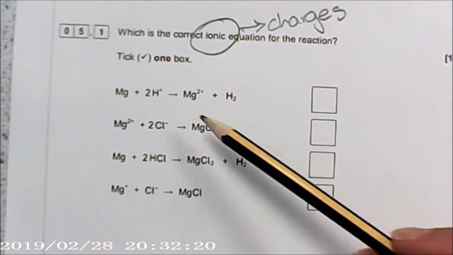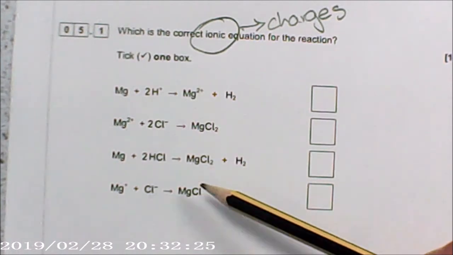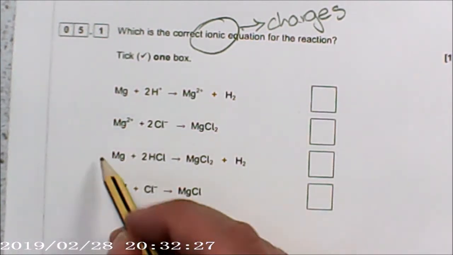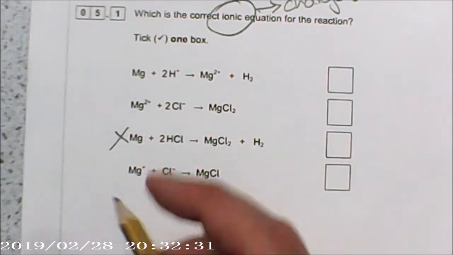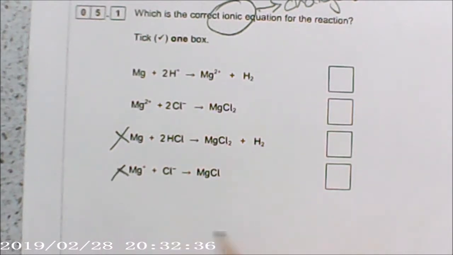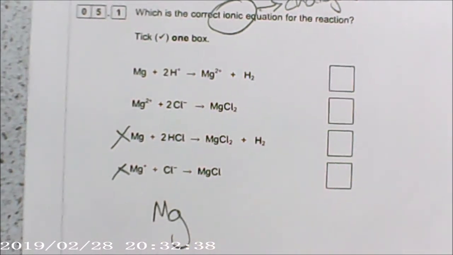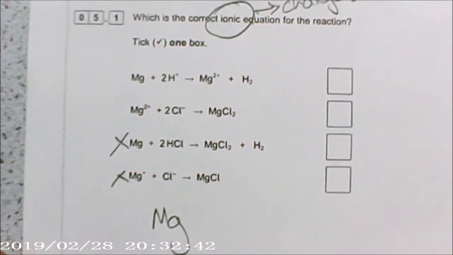So if we have a look at our different reactions, we can see that this one doesn't have anything about charges, so it's not going to be that one. This one says the magnesium starts off as a plus ion. It doesn't. Magnesium, when it's on its own before it starts the reaction, has no overall charge.